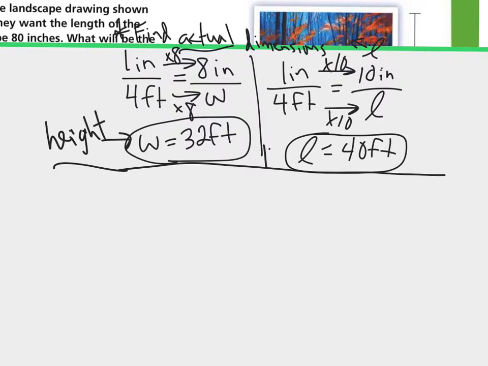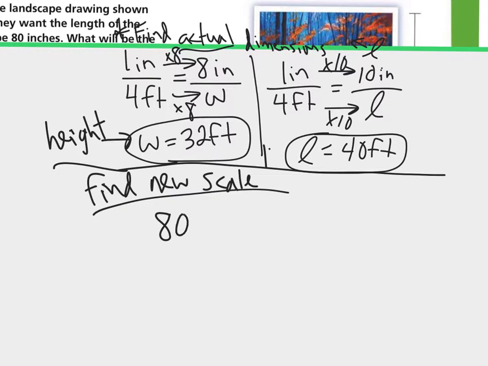All right, so what we're going to do at this point is we can find our new scale. So we're going to be doing a different scale than what they had before. So on the one that we're going to do, we want the length to be 80 inches.